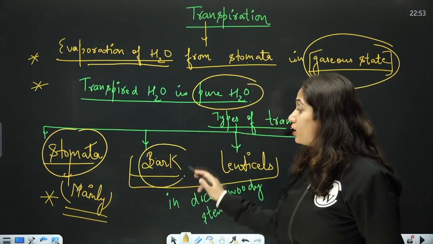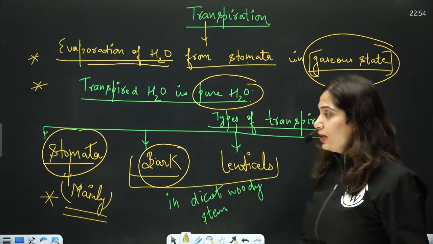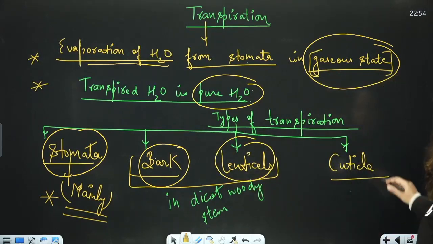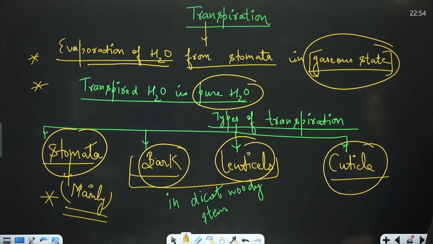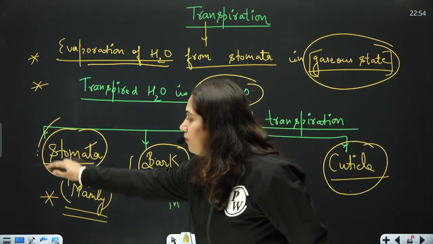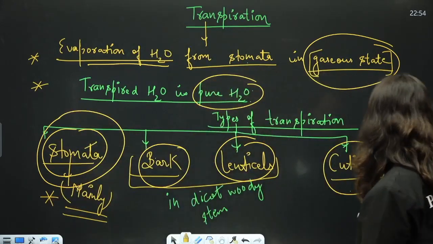It can also occur through bark, through lenticels present in the woody stem, and through the cuticle in the leaf. There are cracks in the cuticle from where the water can evaporate. But this is not very important from the NEET point of view. Majorly, the transpiration occurs through stomata.